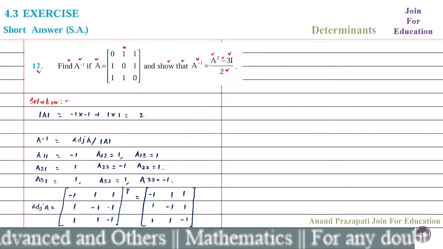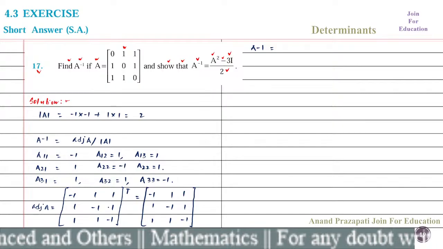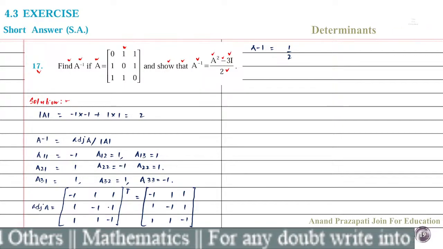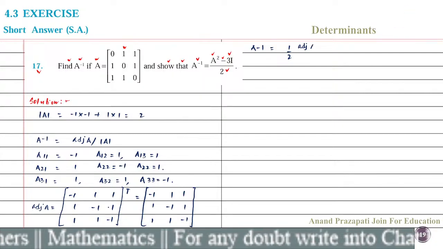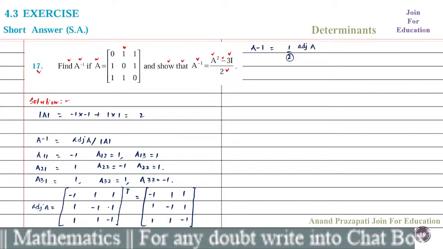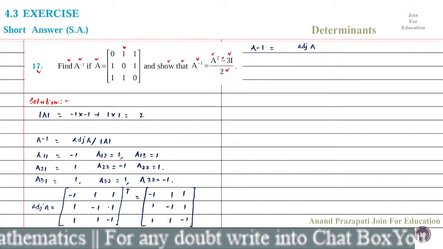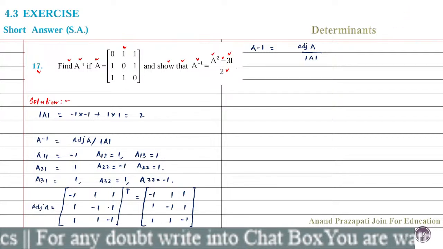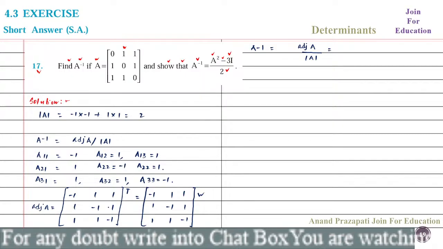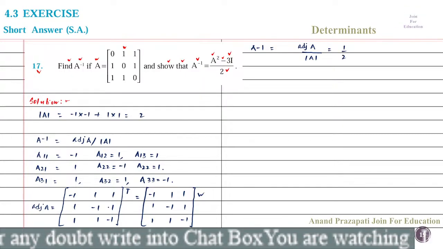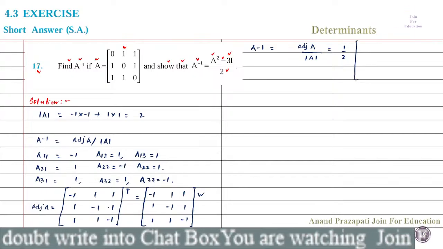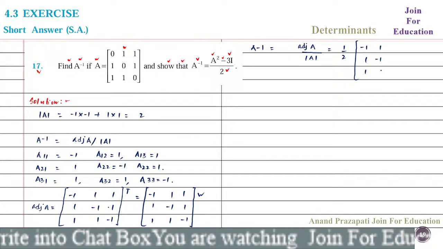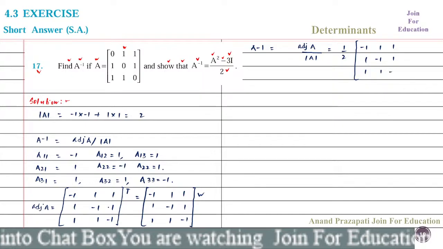Therefore the inverse of A equal to, we recall the formula, 1 by 2 and adjoint of A, as 2 is the determinant of A, or we write down here adjoint of A by determinant of A. So adjoint of A equal to this one, so we write down here 1 by 2 and adjoint of A, which is -1, 1, 1; 1, -1, 1; 1, 1, -1.